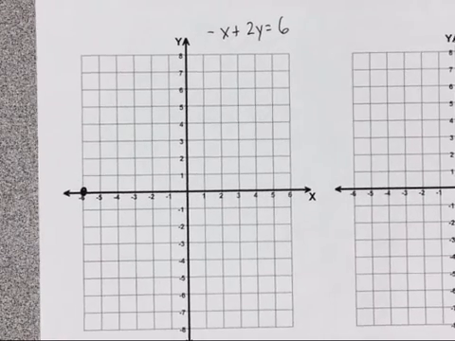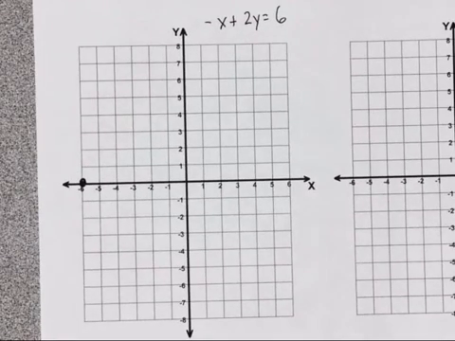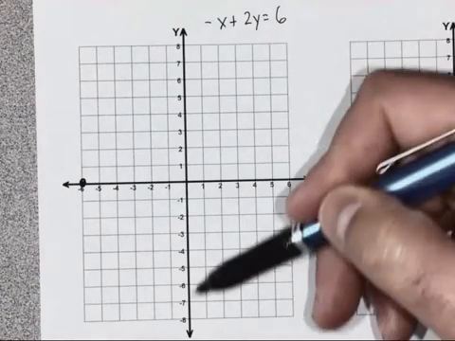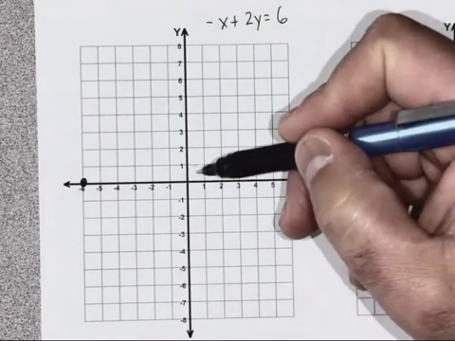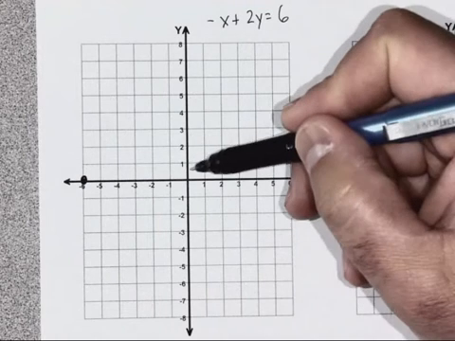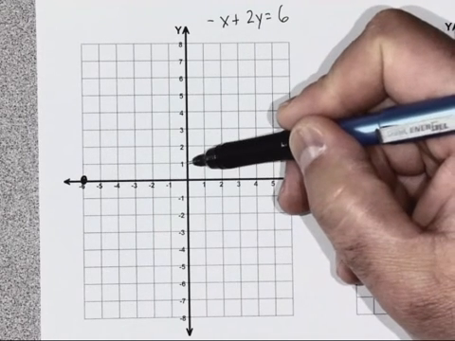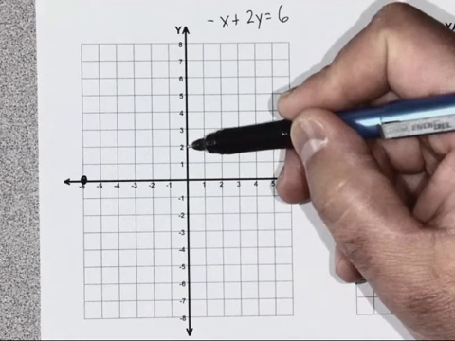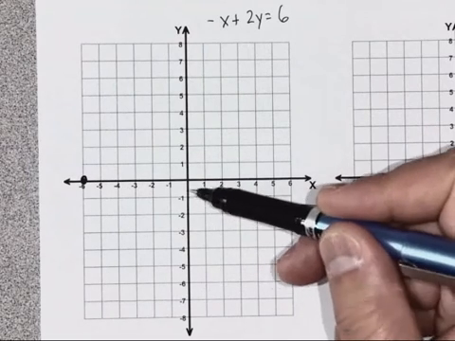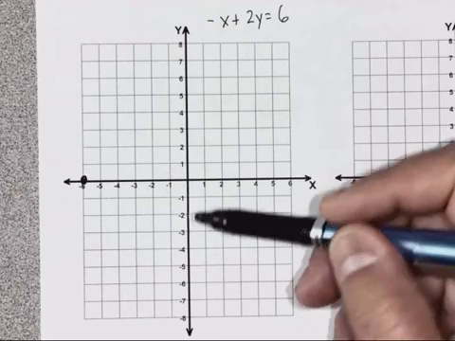Okay, so keep on our graph here. The y-intercept is where our graph crosses the y-axis. Well, if we think about the vertical axis, which is the y-axis, right, every point on this y-axis has an x-coordinate of 0. This is the point 0, 1, 0, 2, 0, 3, 0, negative 1, 0, negative 2.